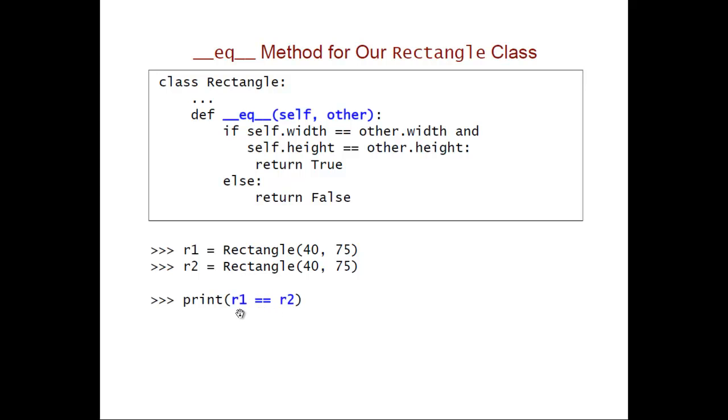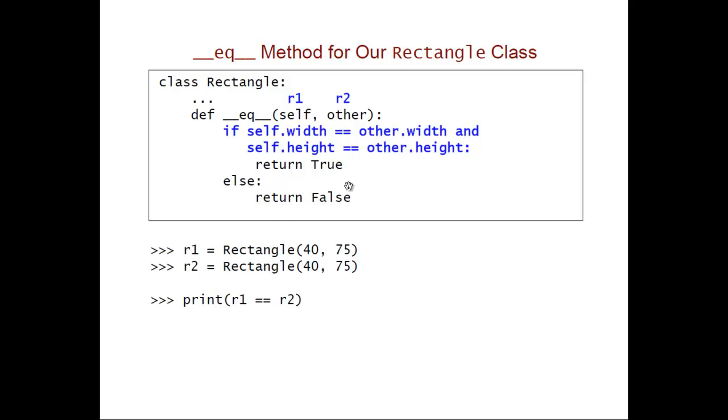And then what's going to happen is when you use the equals equals operator with rectangle objects, the rectangle object that comes to the left of the equals equals will get assigned to self, right? That reference will get assigned to self, and then the reference in the variable on the right hand side will get assigned to other. And then we're going to execute that method, and you can see what we're doing is checking to see if the two widths are equal.